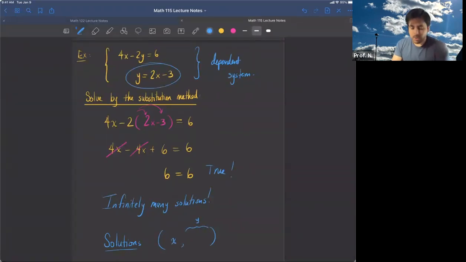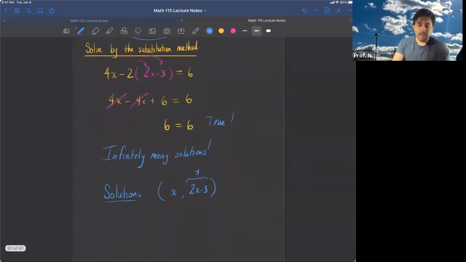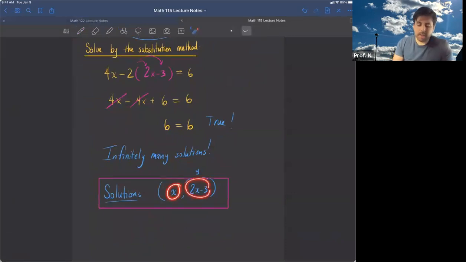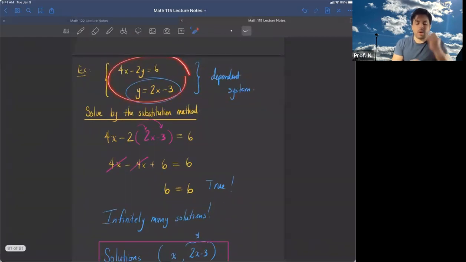So I can write 2x minus 3. This is my solution: x comma 2x minus 3. So for every x value that I get, as long as you plug it into this form, that's going to be your y value, and those two x and y values are going to make this system true.